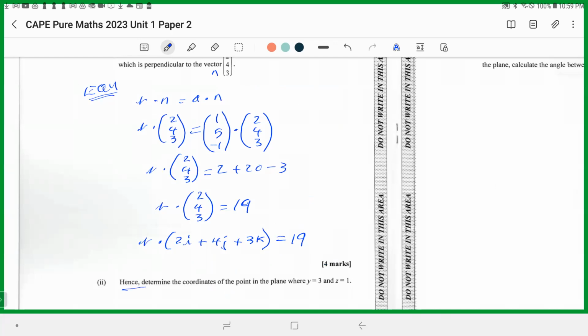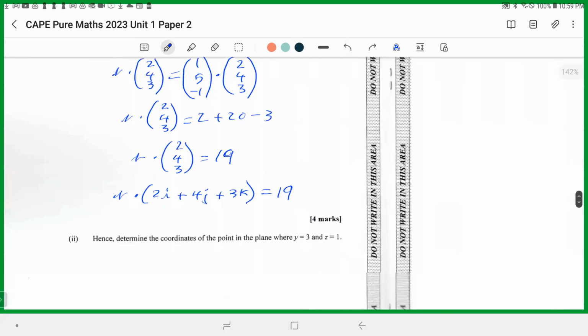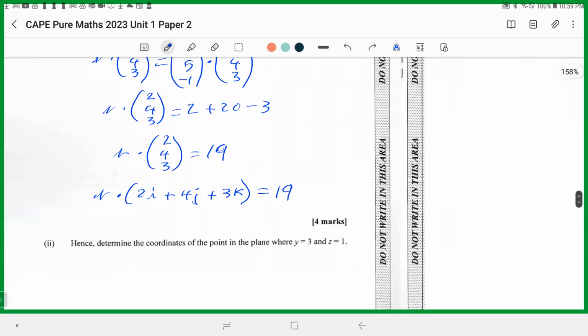So hence means that we must use that result, right? Hence, determine the coordinates of the point on the plane where y equals 3 and z equals 1. Simple enough. All right, so R is general and represents all points on the plane.